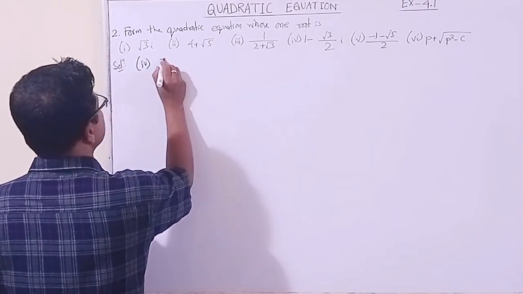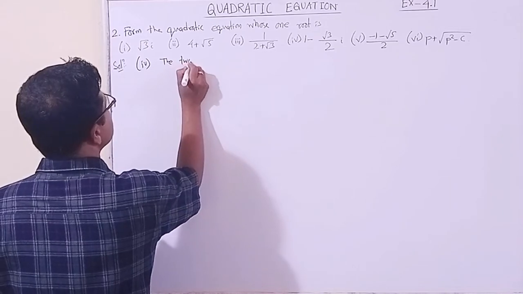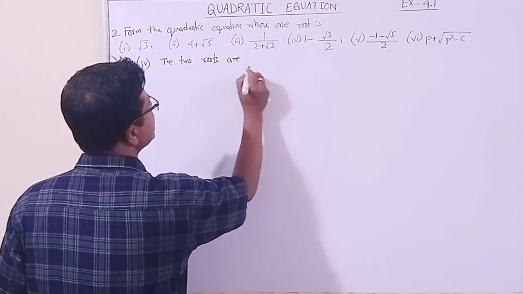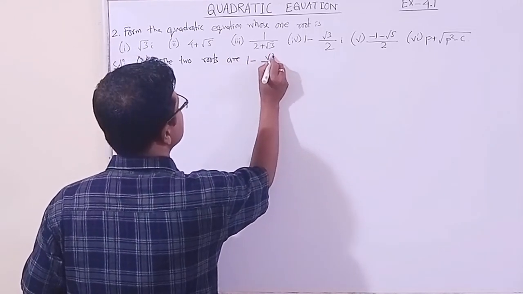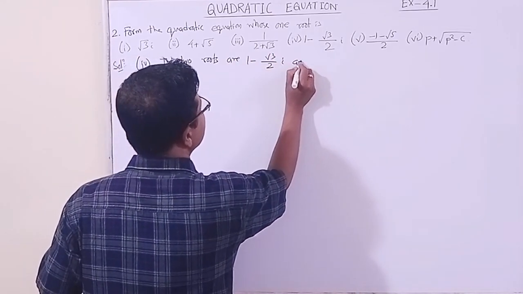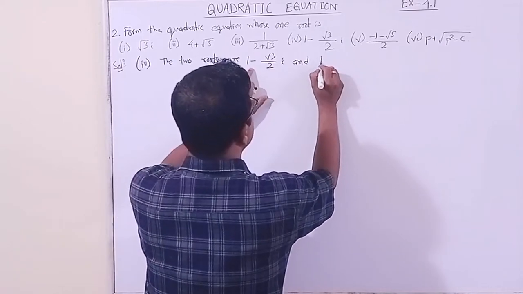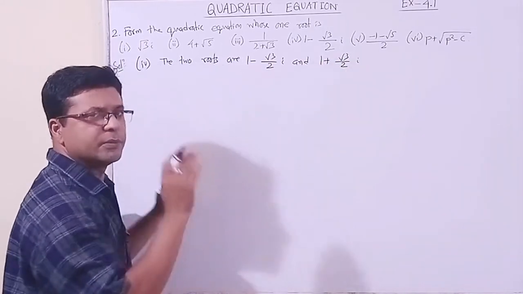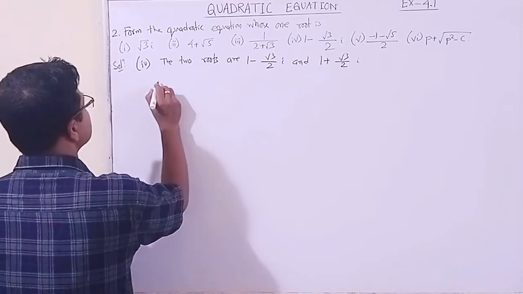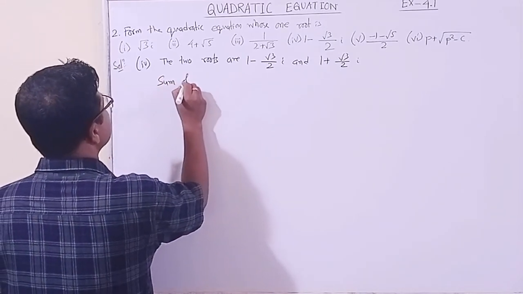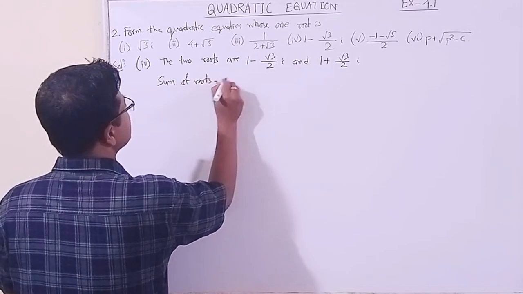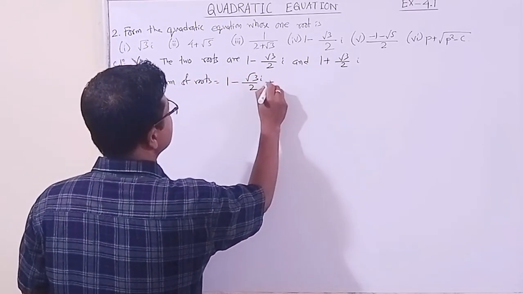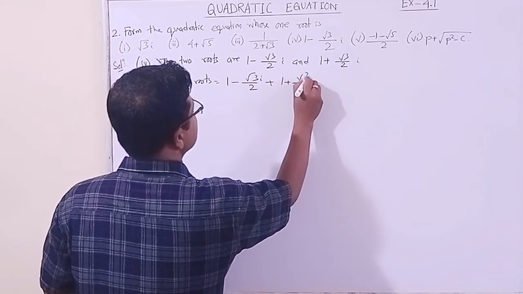Here the two roots, they will be conjugate of each other. One is 1 minus root 3 i by 2, and what will be the conjugate of this? 1 plus root 3 i by 2. So let us find the sum of the roots and the product of the roots. Sum of roots, let us add them. 1 minus root 3i by 2 plus 1 plus root 3i by 2.